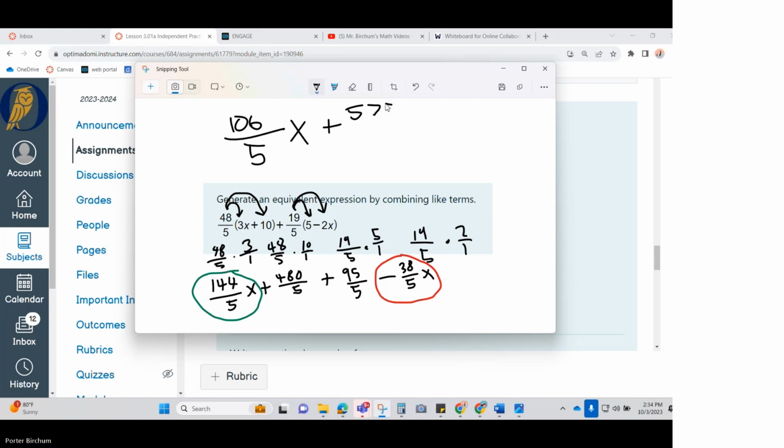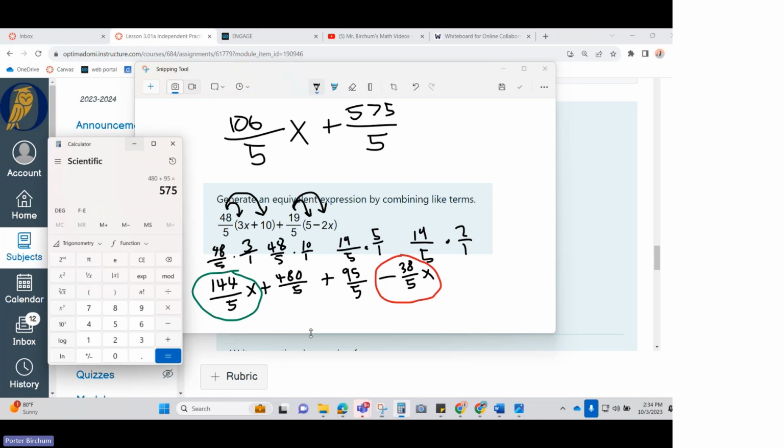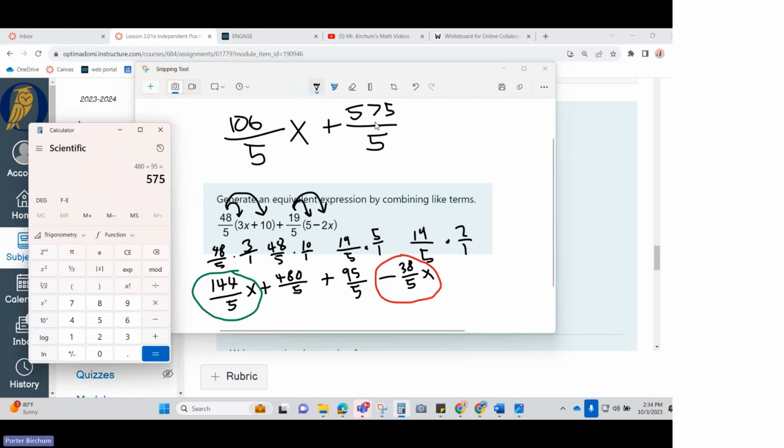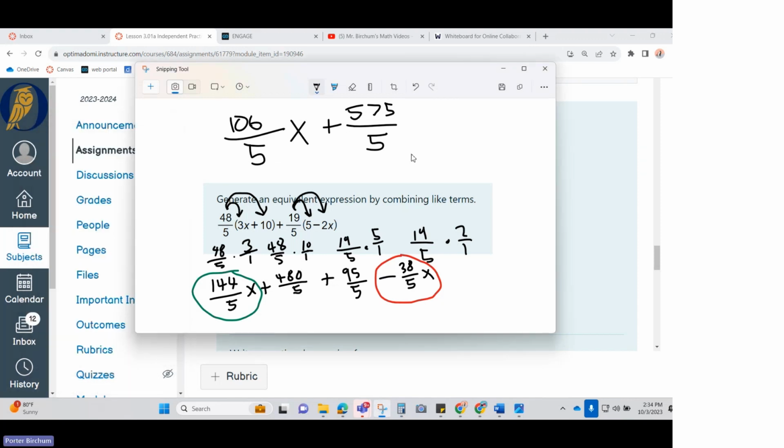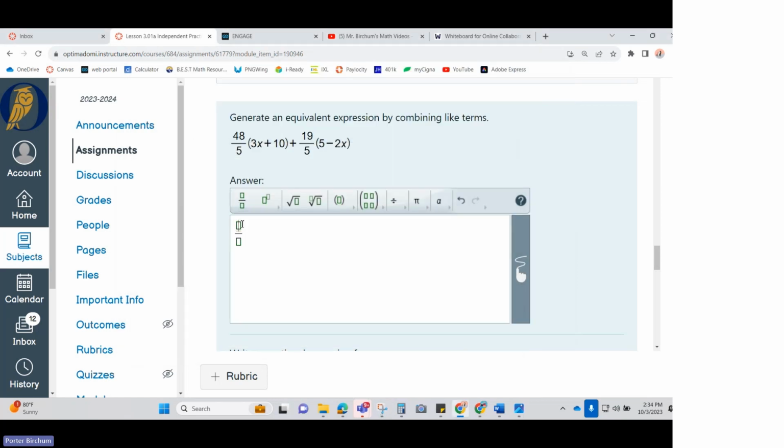Now this answer should be good enough, but because I want to make the simplest answer I can, I'm going to simplify this fraction and do 575 divided by 5, top number divided by bottom number, to get 115. So I'm going to type my answer in as 106 fifths of an x plus 115.